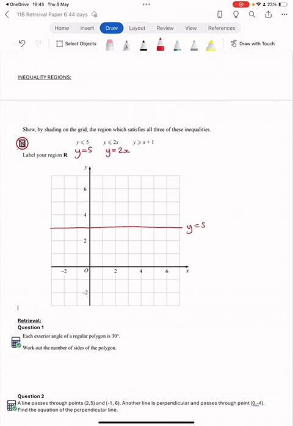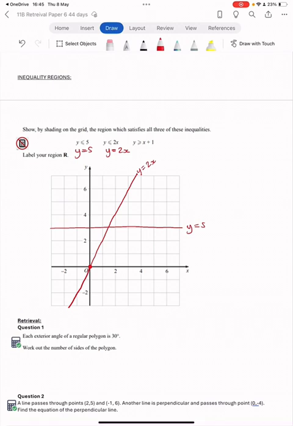So a quick way to plot this, there's no y-intercept. So it's going to start at 0, and that 2 means for every 1 square I go across, I'm going 2 up. So I'm going to go here, 1 across, 2 up, 1 across, 2 up, etc. Carry it on for the whole grid. Label it.